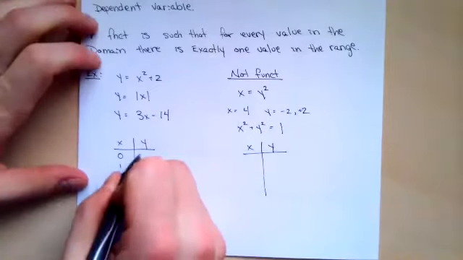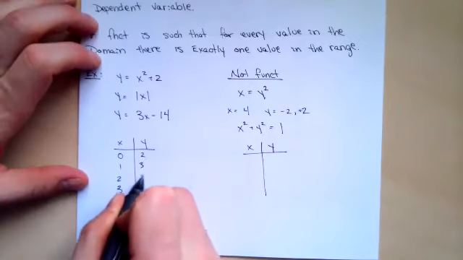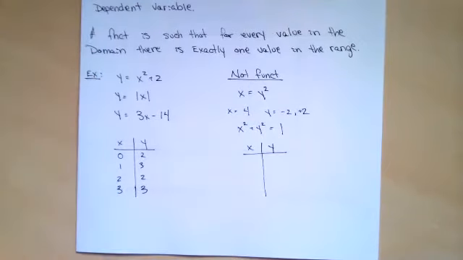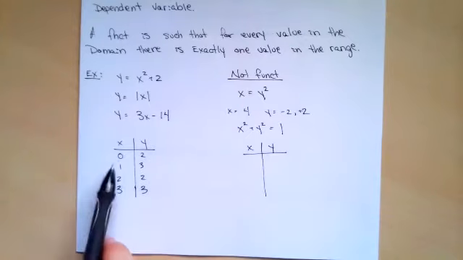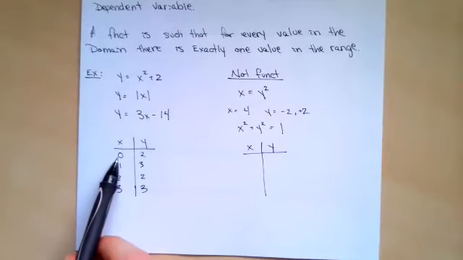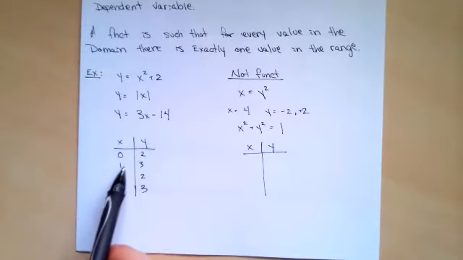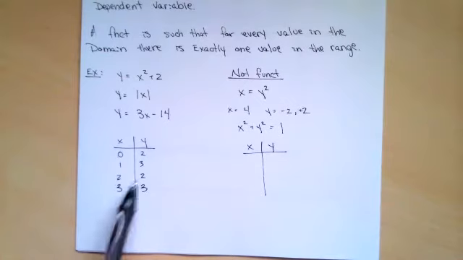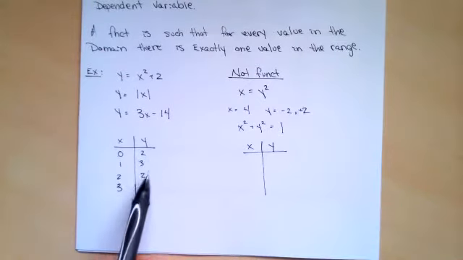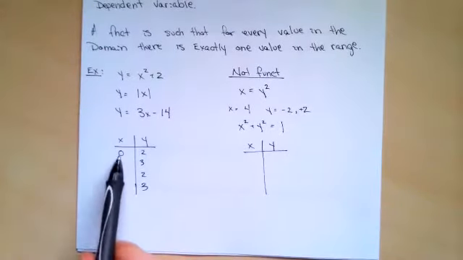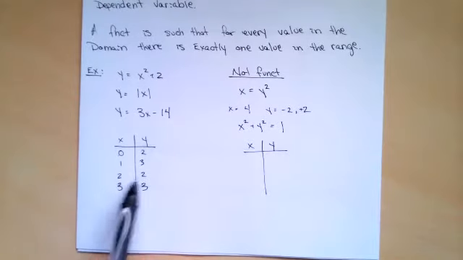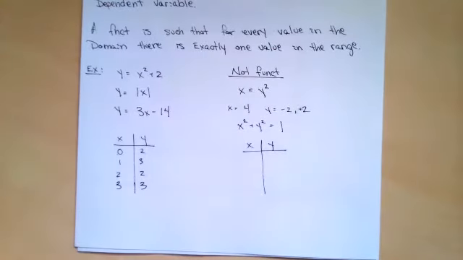So no matter what y values we have, it's still a function. Our function rule is not broken, because for every x value, there is exactly one y value. We can hit y values twice. We hit the y value of 2 at two different spots, but those correspond to two different x values. So we're fine.